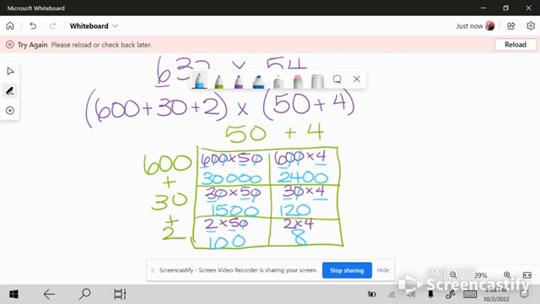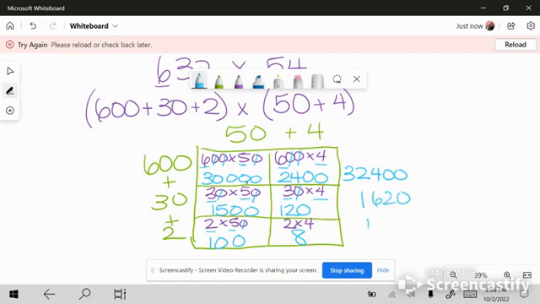So then you're just going to have to add all of these numbers back up together. So I'm going to do 30,000 plus 2,400. That's going to give me 32,400. On this row, that's 1,500 plus 120. It's going to give me 1,620.